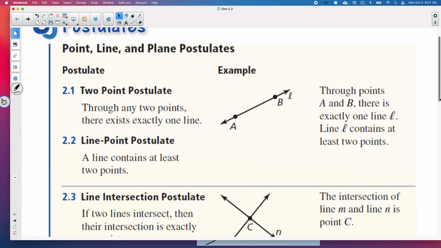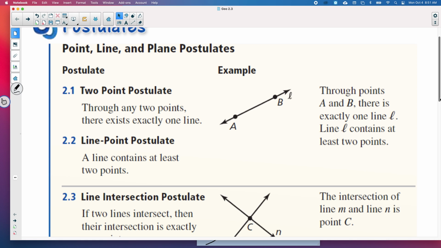So this list of postulates, you will have to be able to recognize which ones they're using, and we'll look at some examples of that. I know you can read these, but these are paired together because they are like converses of each other.